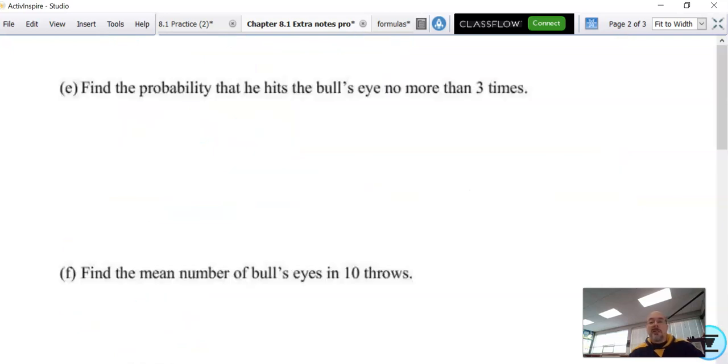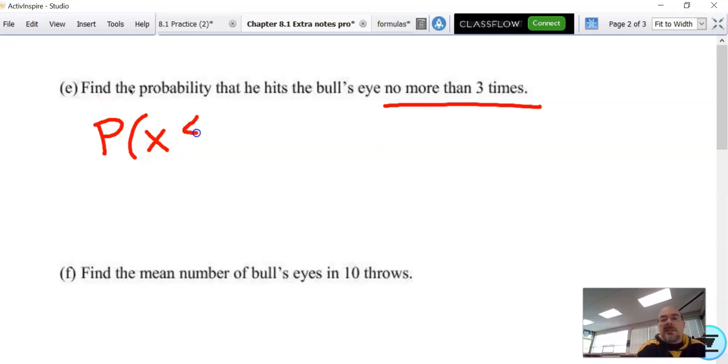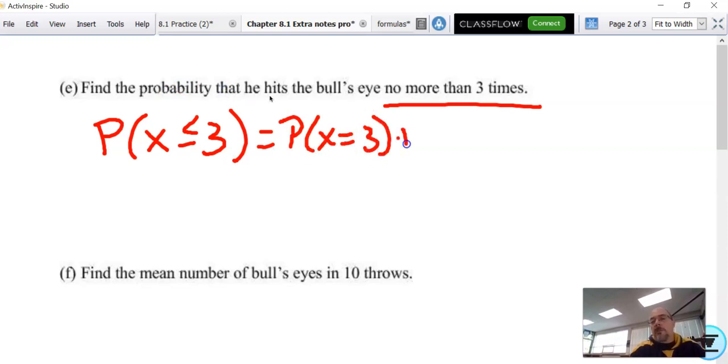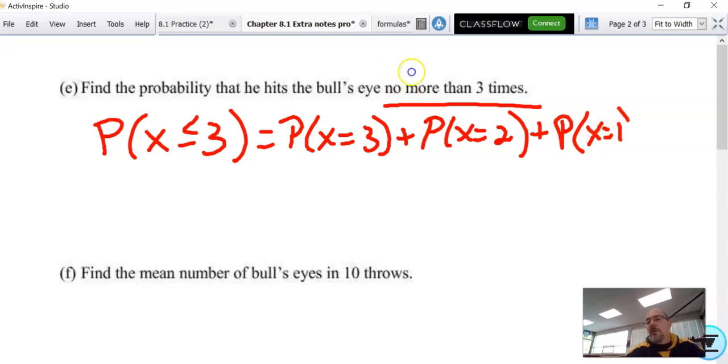Find the probability that he hits the bullseye no more than 3 times. Okay, no more than 3. That would be less than or equal to 3. And again, that would be 3 plus 2 plus 1 plus 0.